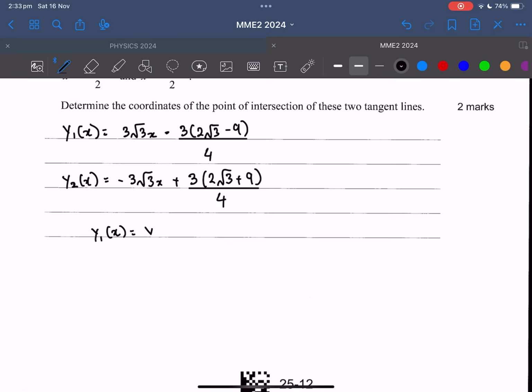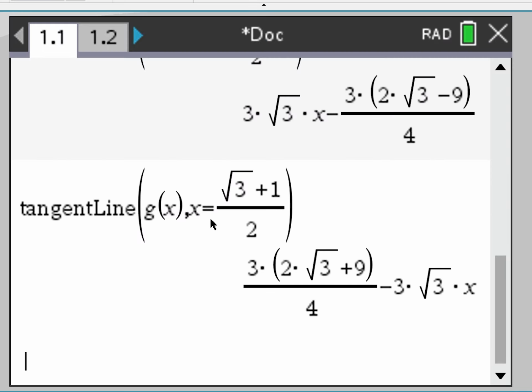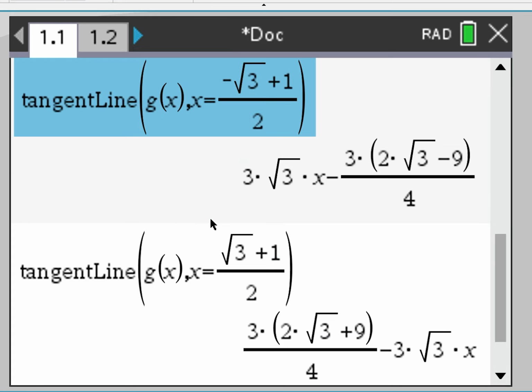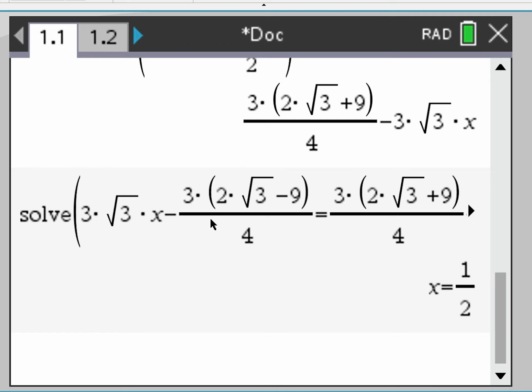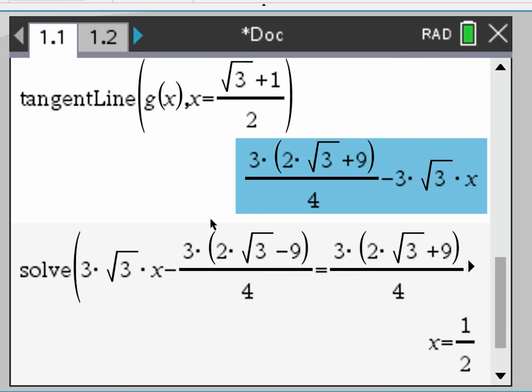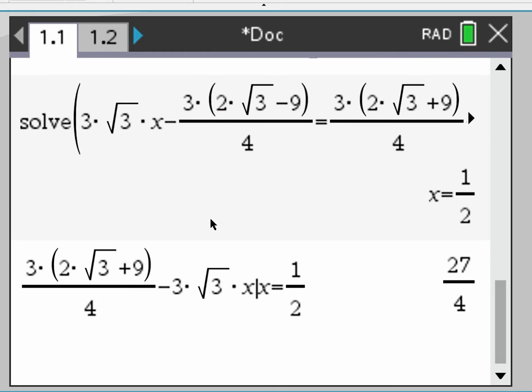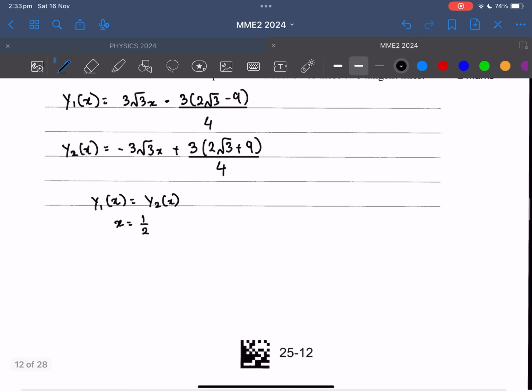So y1(x) equals y2(x). Solve that equals that, comma x. There you go. So our x equals a half. Now we just have to substitute that back into either of the tangent line equations to get the y coordinate. So this is our y coordinate. Let's write the stuff down. y1 of a half equals 27 on 4. Therefore, our point of intersection is (1/2, 27/4).